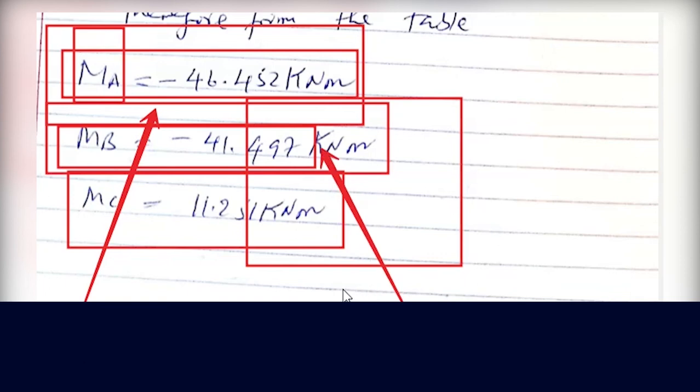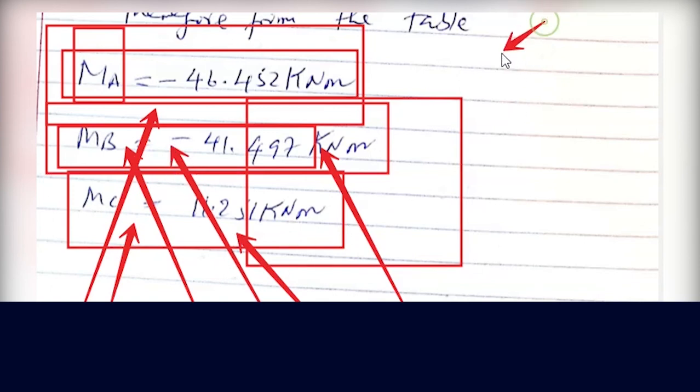The same applies once you take the member between BC. Taking a moment at point B, you can have the reaction at point C, and taking a moment at point C, you can have the reaction at point B, or vice versa. Then take the equilibrium equation in the vertical, the summation of force in the y axis is equal to 0.